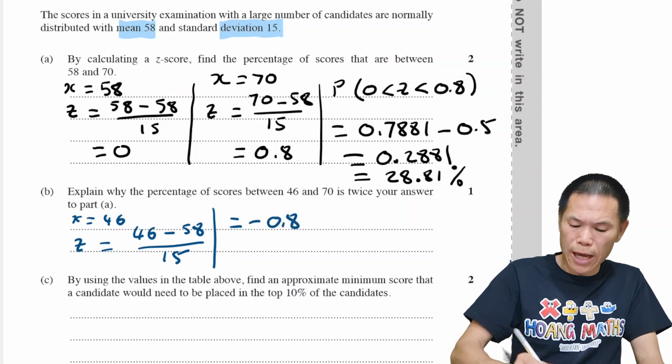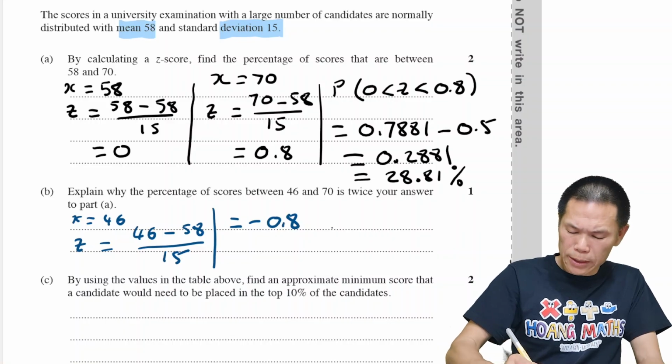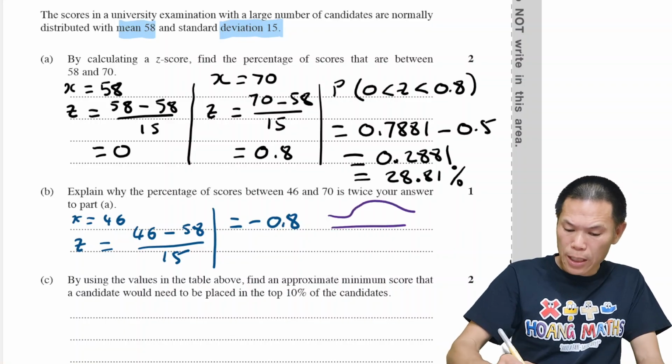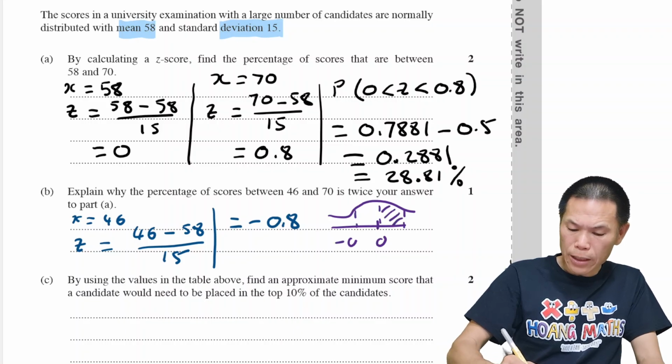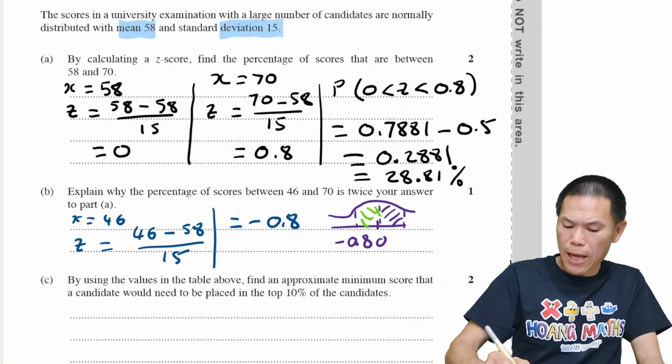Negative 0.8. So we know that the area between, let me draw this out, so that is 0. The area between negative 0.8 to 0 is the same as 0 to 0.8.